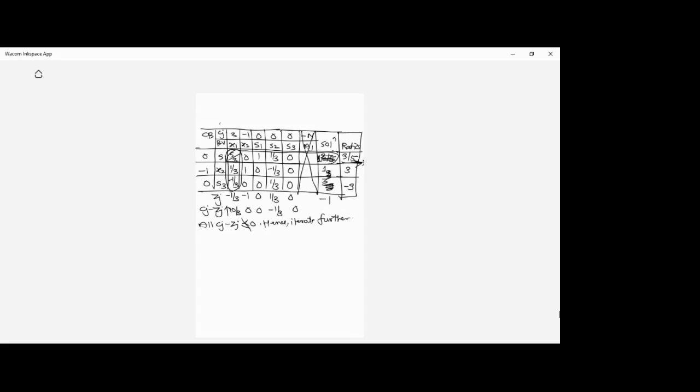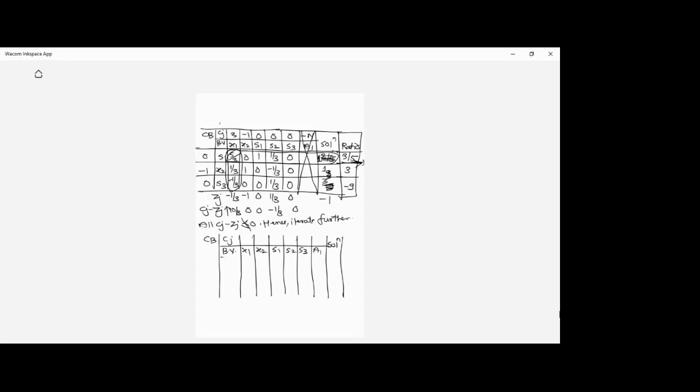So let's move ahead for our last iteration. CB, here it is Cj, basic variables. It is x1, x2, s1, s2, s3, a1, and then solution directly.